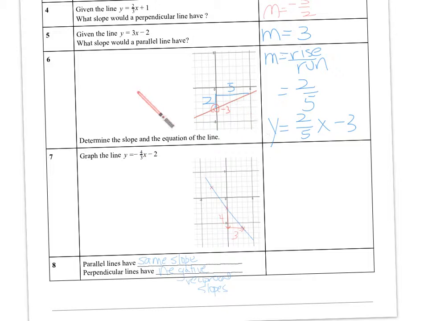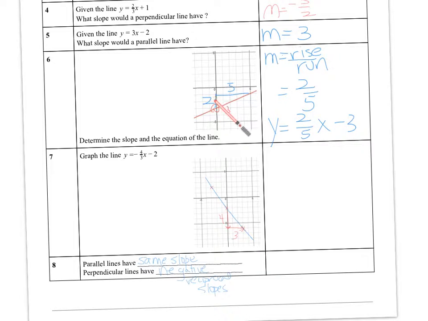Moving on, we had to graph the line, look at this line and come up with the slope and the equation. So the slope of the line is just rise over run. I need to see that triangle on your graphs, please. So my rise is 2. I just chose 2 really nice points. This one's good and this one's good.